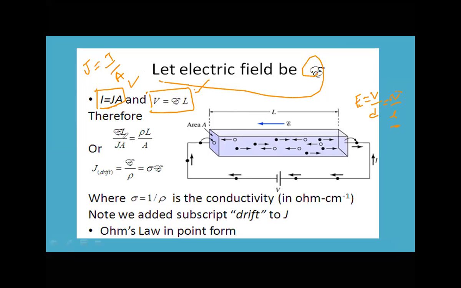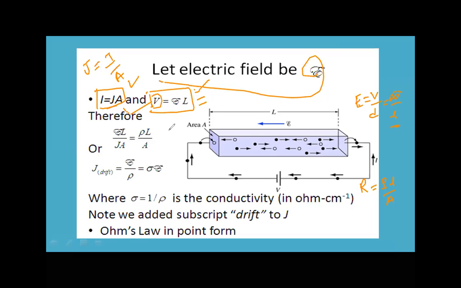So now, as we already know I is equal to JA, by using these two equations, what are you going to write, tell me? Before, we wrote another equation, R is equal to rho L by A, right? Now tell me, how did we get EL by JA? What is V here?